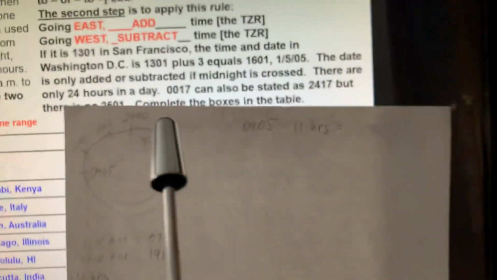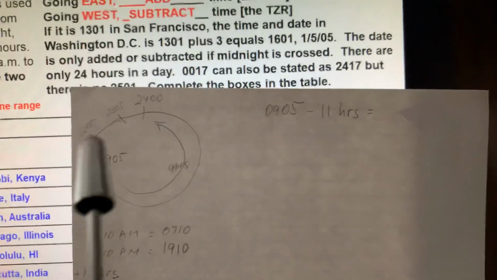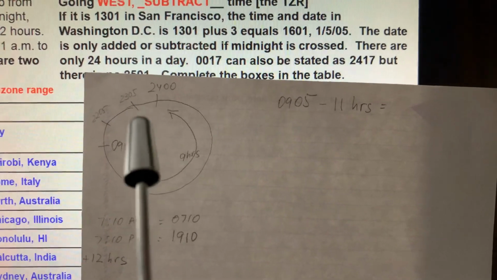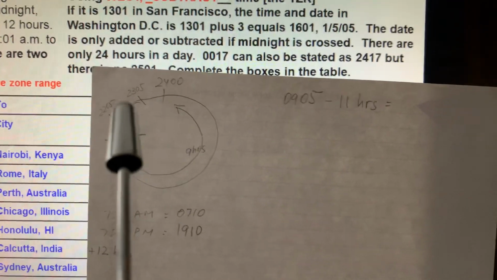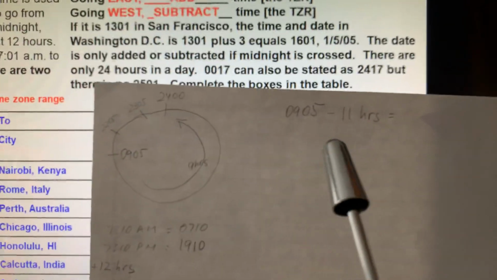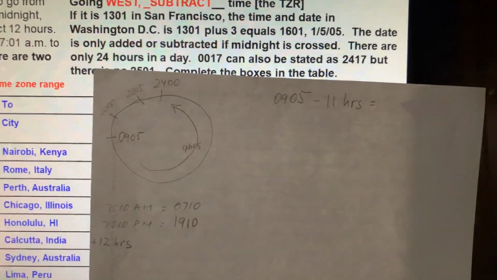How many more hours do you have to subtract? You have to subtract 2 more, right? Because in total it's 11 hours. So 24 minus 1 is 23, and minus 1, 22:05. So this will be your time, but you will change the date. You go to the previous day, and this is very important to know.